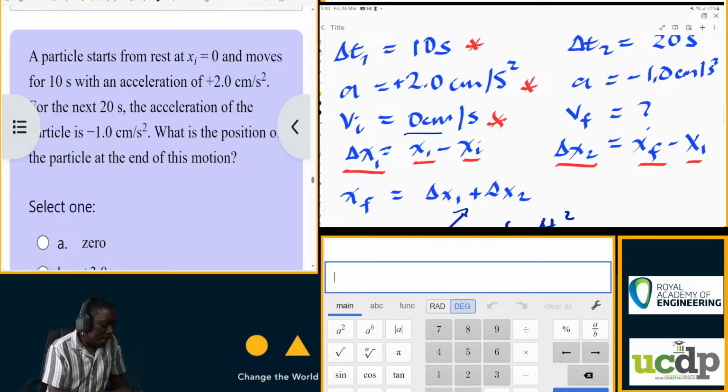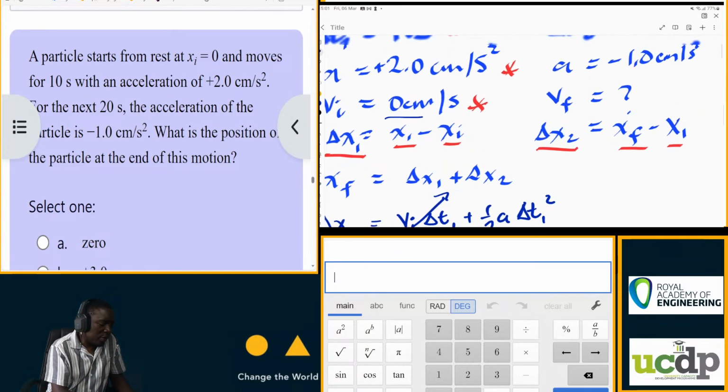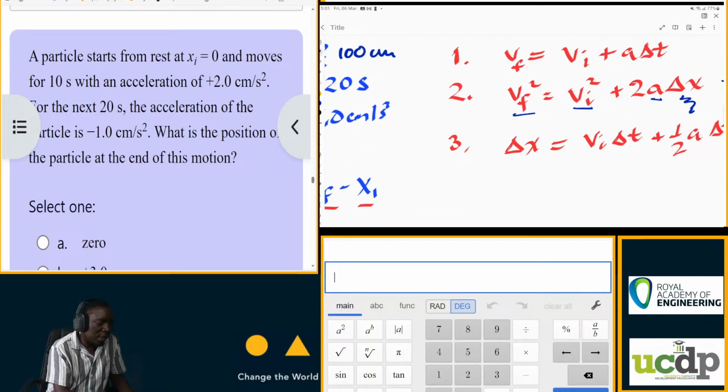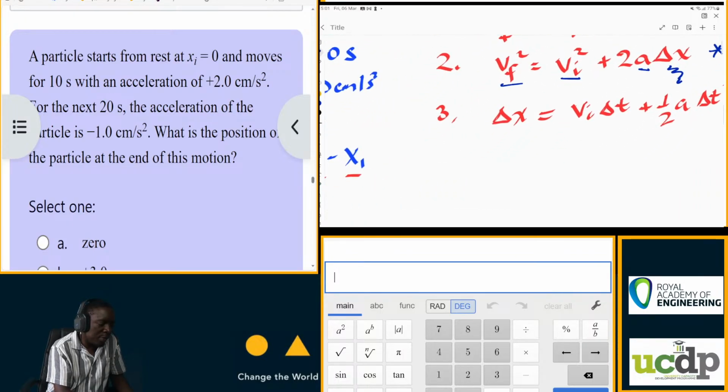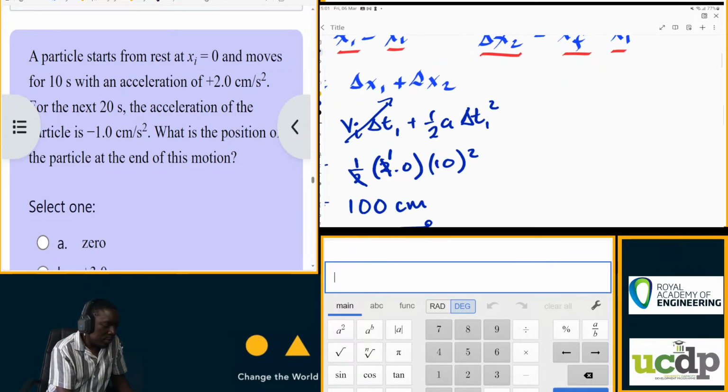Okay, so we can find the final velocity for the first part of the motion using equation 1, which is simple because we've got those other parameters. So V1 will be equal to V initial plus A1 times delta T1.